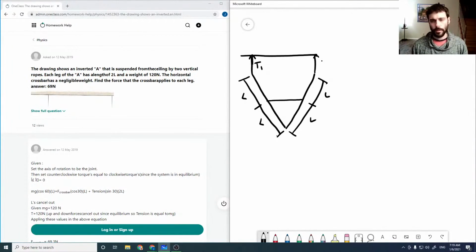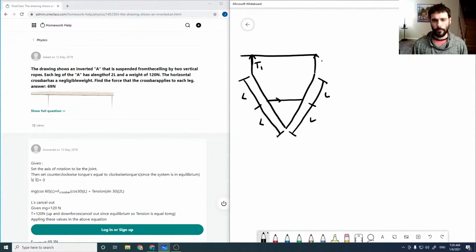And so it wants to know what force the crossbar applies on the sides, and not just what force the crossbar applies, or sorry, it's not just that.